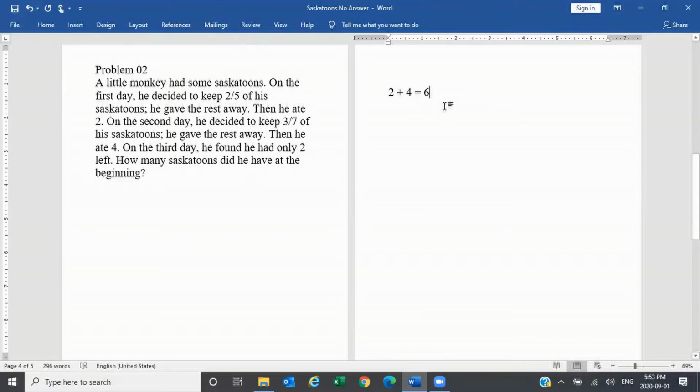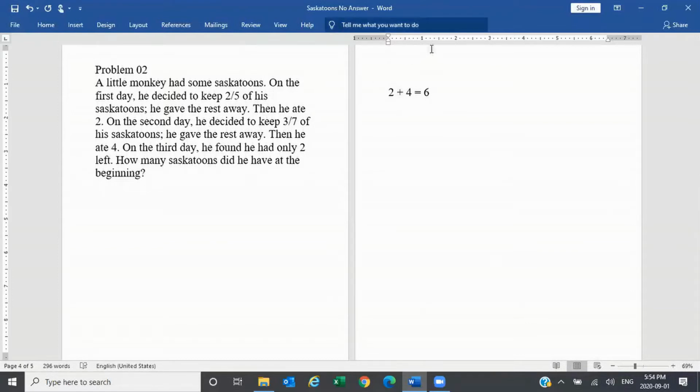So that means he had 6. And it says here that he decided to keep 3/7 of his saskatoons and he gave the rest away. So we're going to divide it into 7. And if he kept 3/7, that means he gave away 4/7.